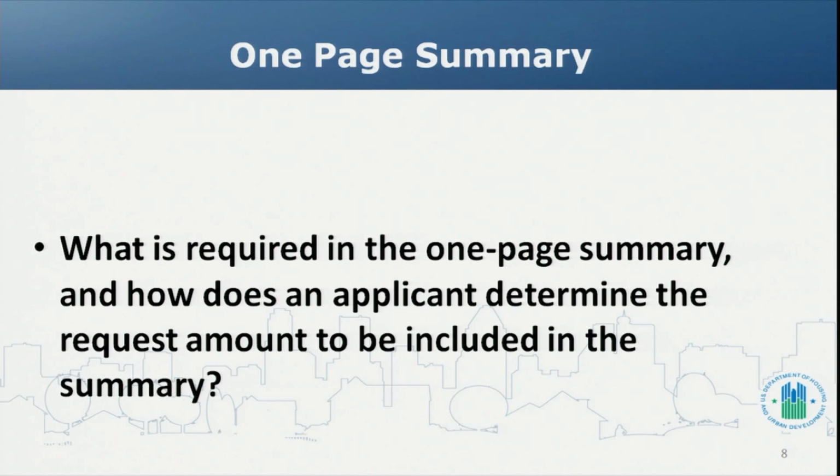What is required in the one-page summary, and how does an applicant determine the amount to be included in the summary, Marie? What is required is first a statement of the type of organization that the applicant is. Is it a disadvantaged business? Is it a small business? Does it represent Native American housing interests?